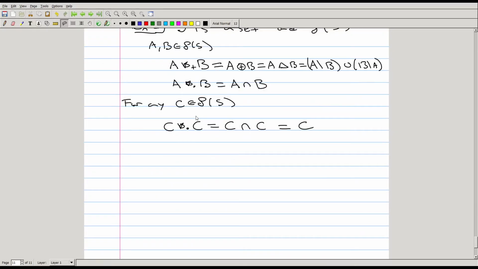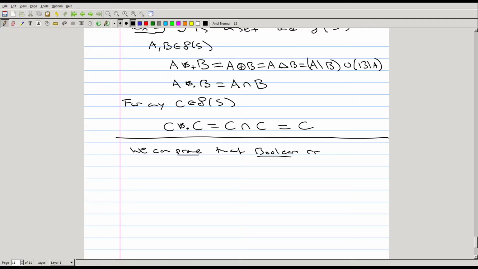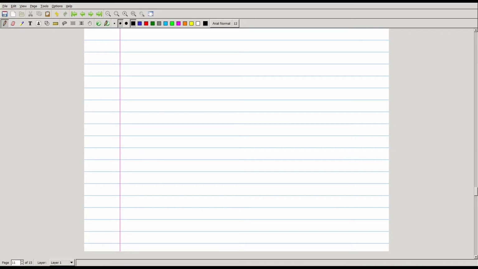This is a property that we can prove, and it's relatively easy to do so. But I wanted to add one more very important definition of a ring.